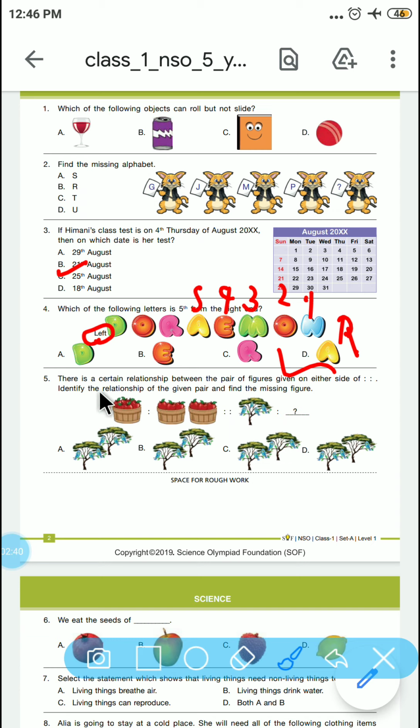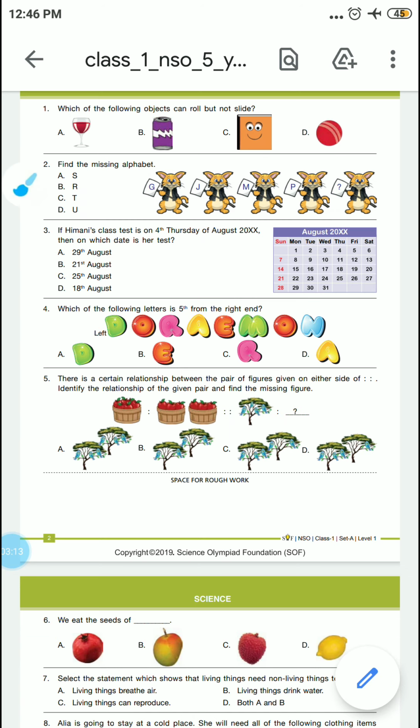Now there is a certain relationship between the pairs of the figures given on either side. Identify the relationship. There is a symbol of proportion. So here we have to identify the relationship between the given pair and find the missing figure. Let's see, here we have some number of tomatoes which are equated in such a format.